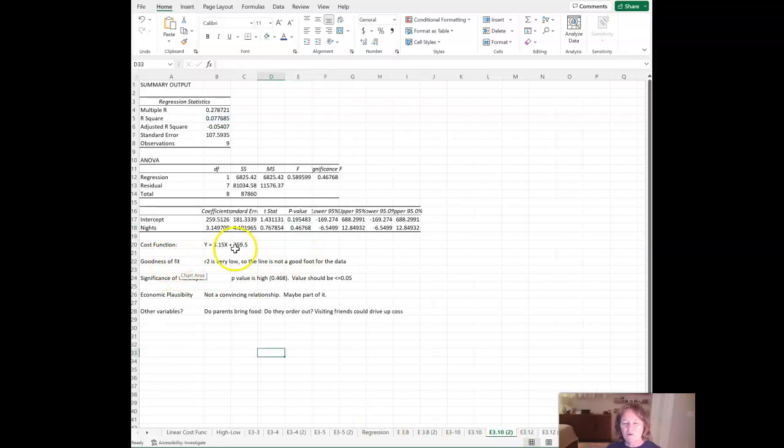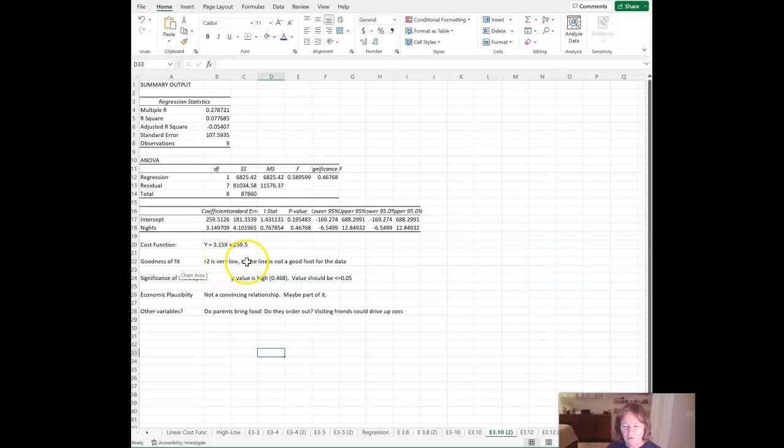Okay, so here's our evaluating the goodness of fit. Here's our cost function: Y equals 3.15x plus 259.5, and we get that right off. These are the coefficients, and they're the labels for them. Your intercept is always your fixed cost, and the nights there would be variable cost.